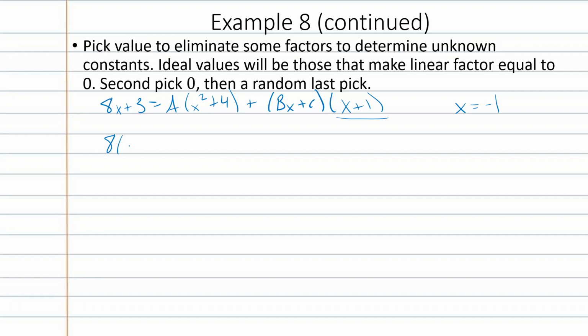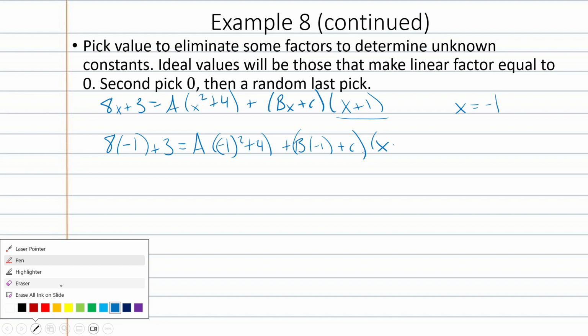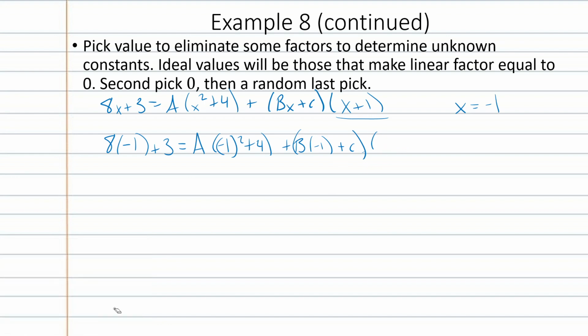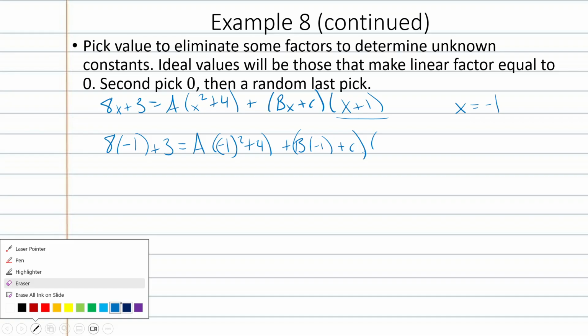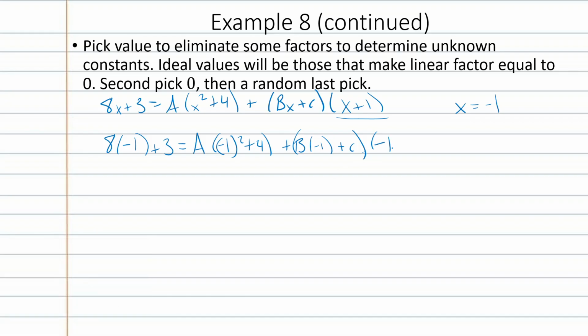So here I'm going with 8 times negative 1 plus 3 equals a times negative 1 squared plus 4, plus b times negative 1 plus c. Sorry, not x. Got to input that negative 1 for it. Times negative 1 plus 1, which zeroes itself out.